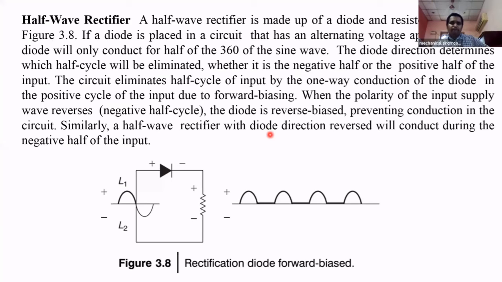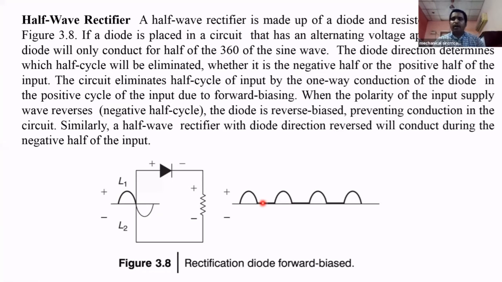The first one is the half-wave rectifier. You know, in an AC sine wave, we have two half cycles: positive for 180 degrees, negative for the next 180, then positive, negative, positive, negative. In the half-wave rectifier, we are avoiding either the negative wave or the positive wave. We are taking only one wave.